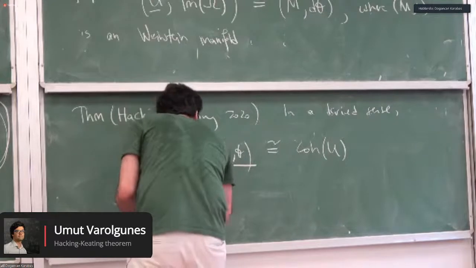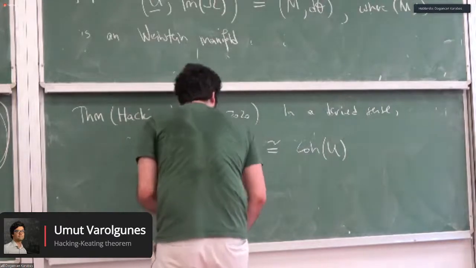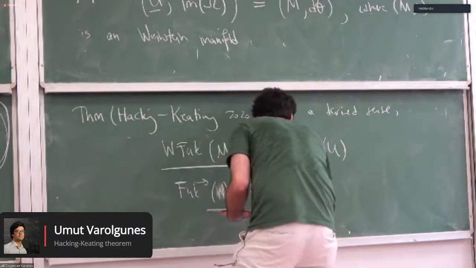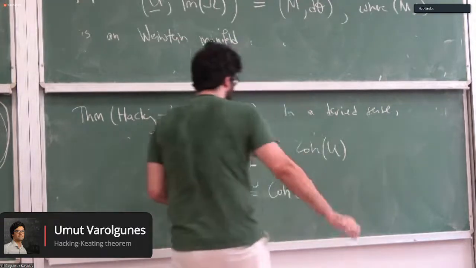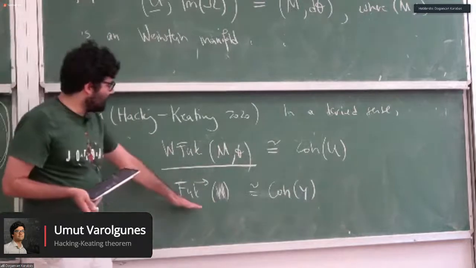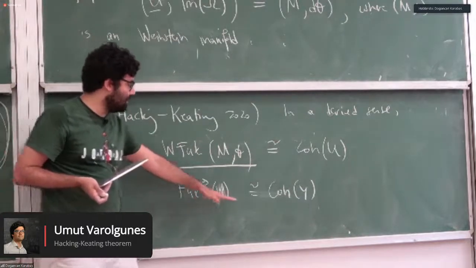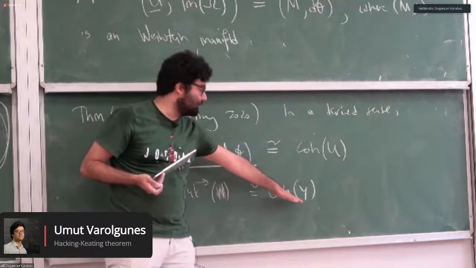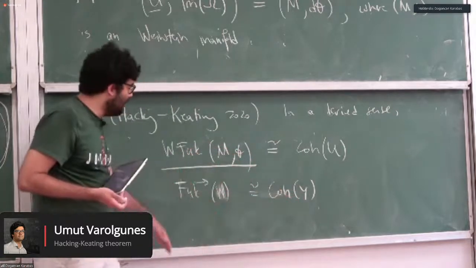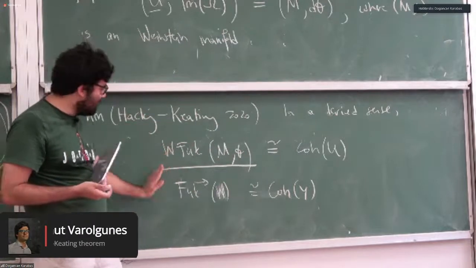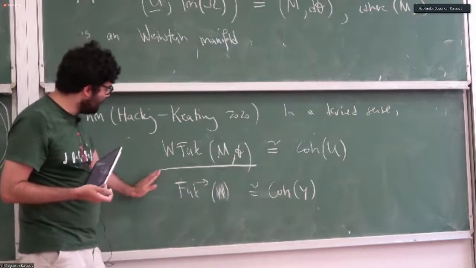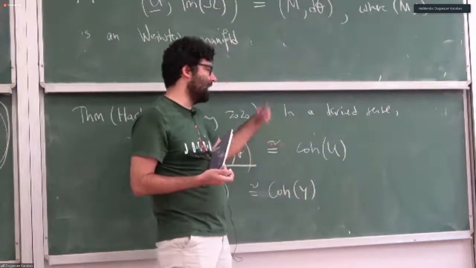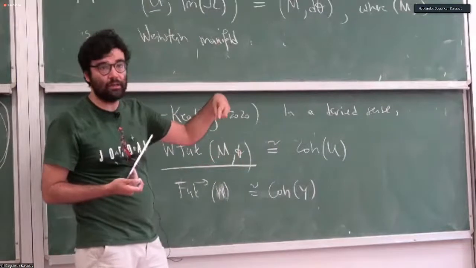Let me just write that. So you first prove that some category associated to a Lefschetz fibration is isomorphic to the category of coherent sheaves on the compactification. And you prove some other statement about the fiber of this Lefschetz fibration and some category associated to the divisor.